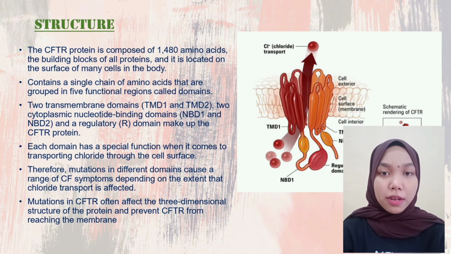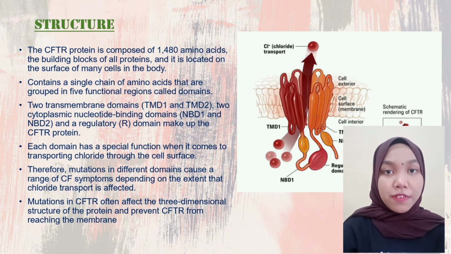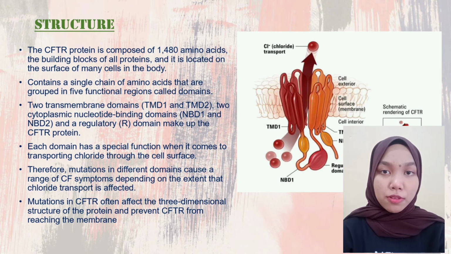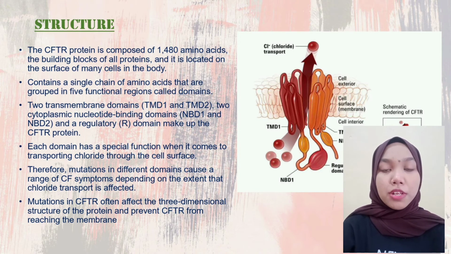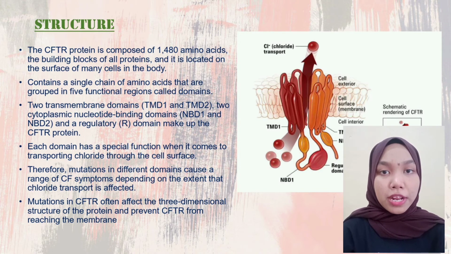Okay, so for my part, I will explain the structure, function, and also the location of the cystic fibrosis transmembrane conductance regulator. But first of all, we know that cystic fibrosis is caused by a mutation in the gene that produces the CFTR protein. This protein is responsible for regulating the flow of salt and fluids in and out of the cell in different parts of the body.